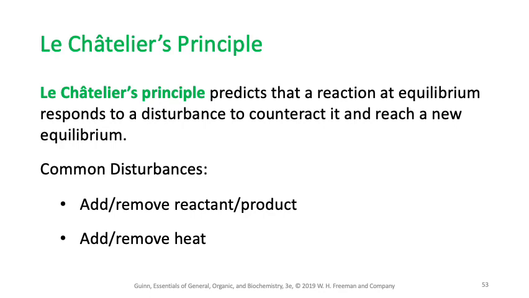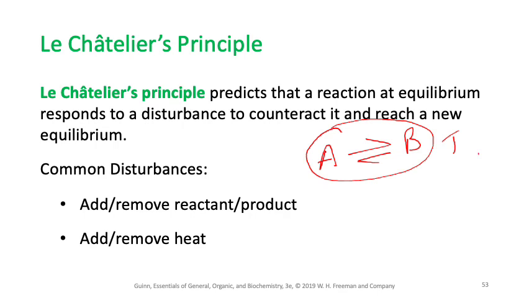So now we're going to understand what happens if any reaction is at equilibrium and something changes. For example, let's say this reaction A goes to B, and this reaction is in equilibrium, right? And if I change something, let's say I increase the temperature, or I decrease the concentration of this chemical reaction which is in equilibrium, what's going to happen to this equilibrium now?